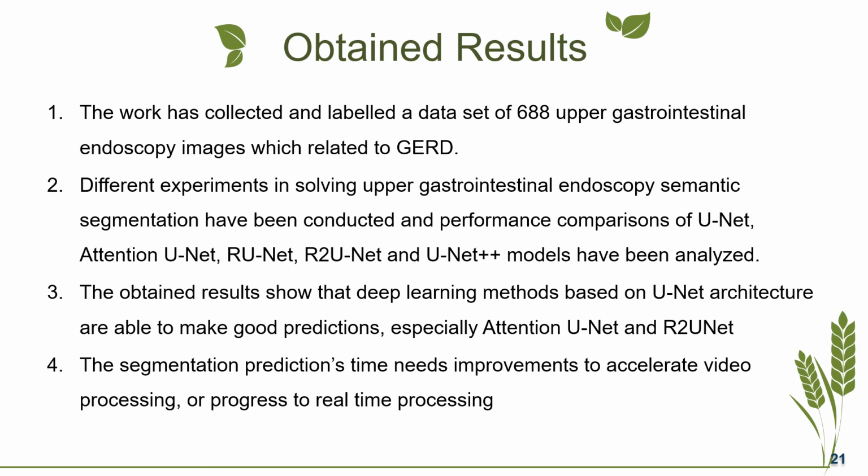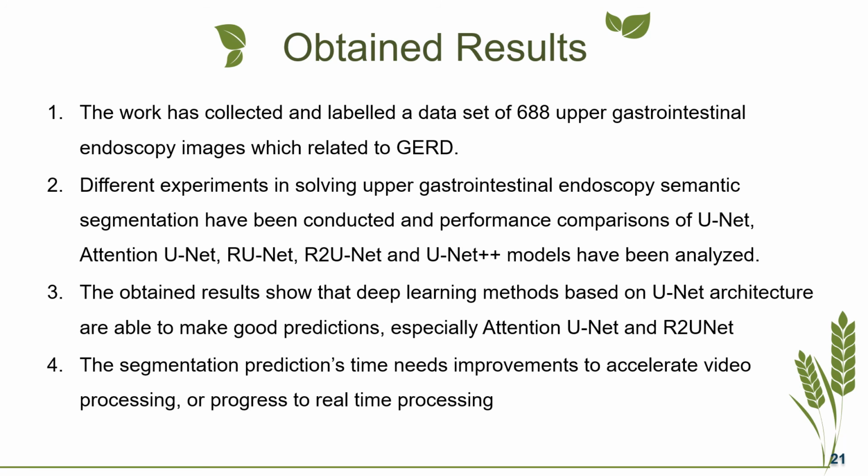First, the work has collected and labeled a data set of 688 upper gastrointestinal endoscopy images, which related to GERD. Second, different experiments in solving upper gastrointestinal endoscopy semantic segmentation have been conducted, and performance comparisons of UNet, Attention UNet, RUNet, R2 UNet, and UNet and models have been analyzed.